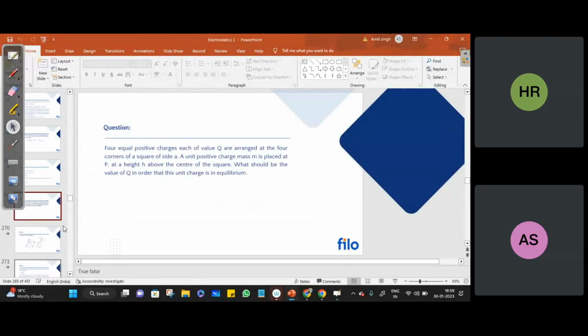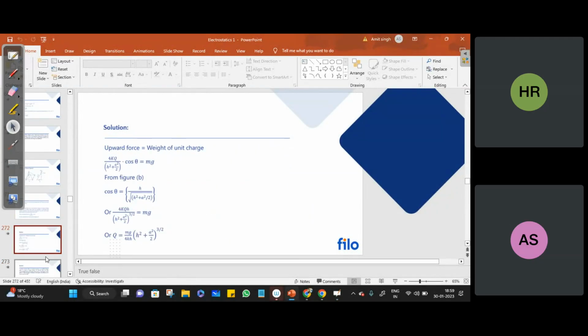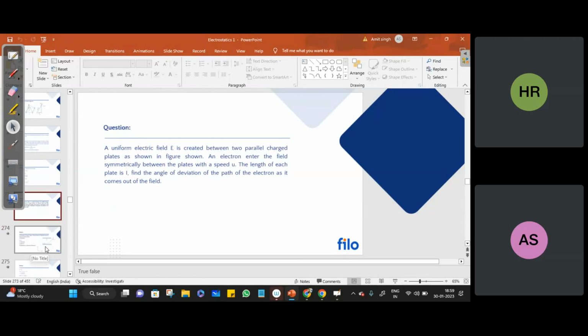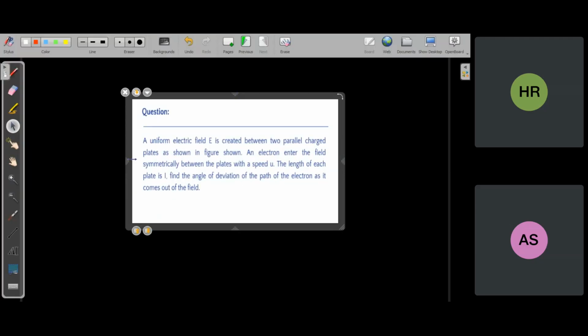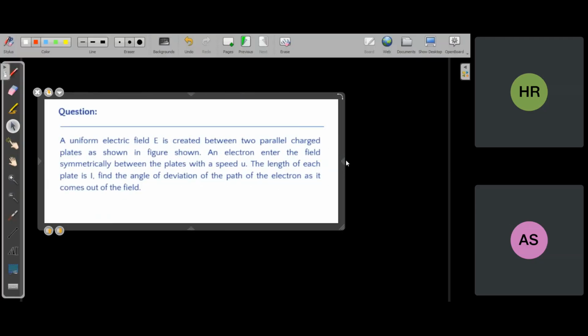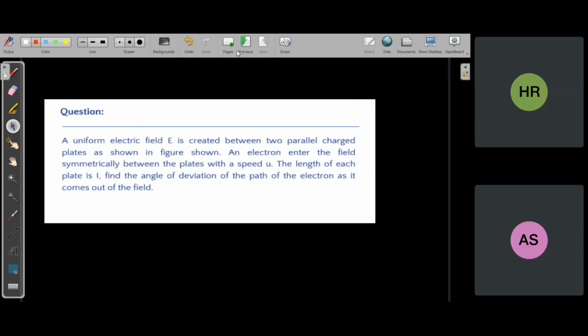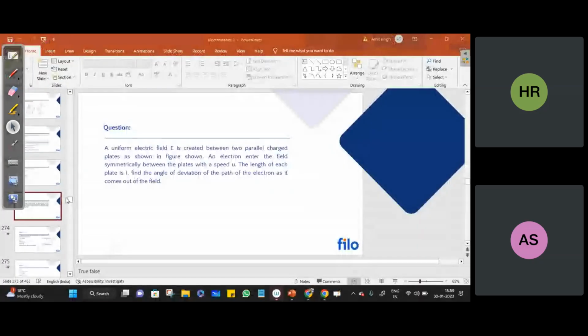Okay. So leaving these types of questions, going to a different question. Now you can try this one. Do it fast. As shown in the figure, they are saying. So let's see where the figure is.